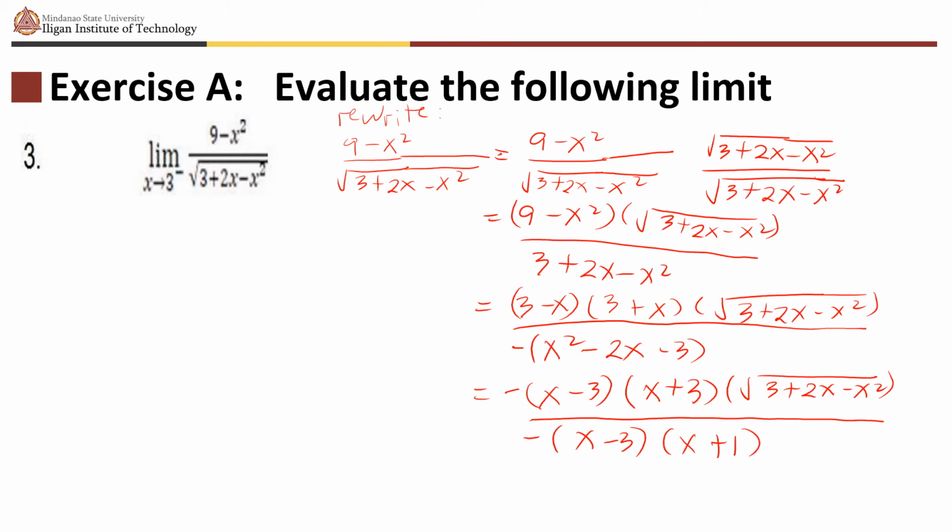This is x squared minus 3x plus x, that's minus 2x and minus 3.